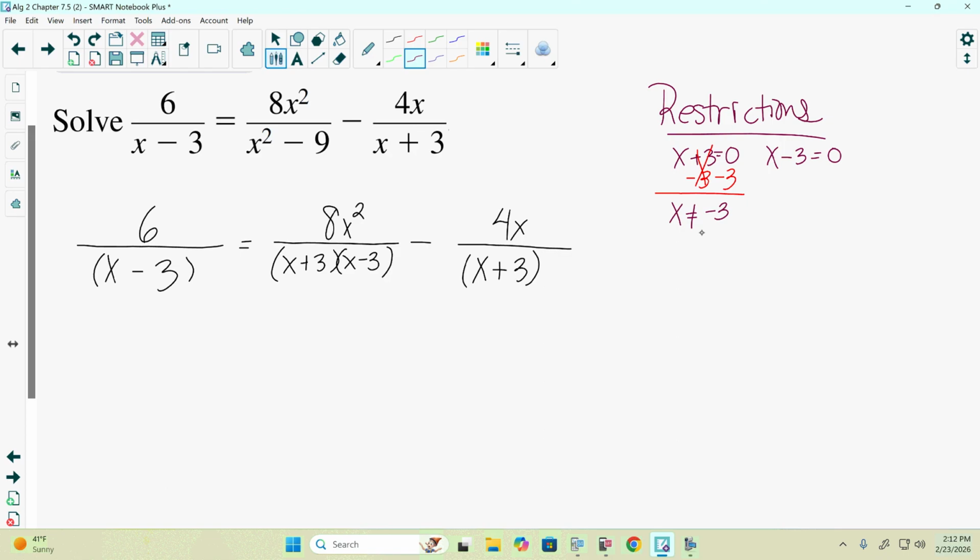We cannot have that. And our x minus 3, we add 3 to both sides to get x by itself. It tells us for our x minus 3 terms, if x is equal to positive 3, both of those would be 0. We cannot have that division by 0.